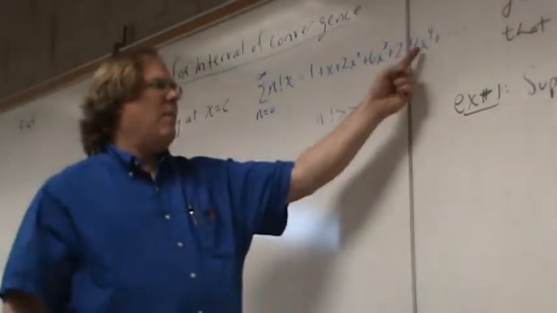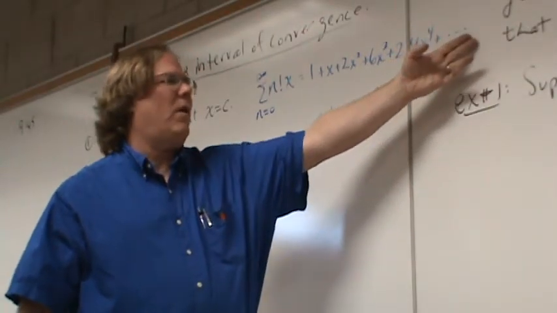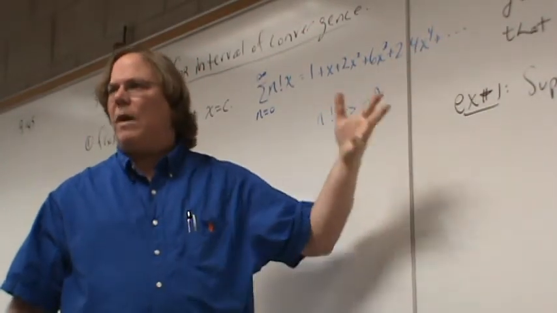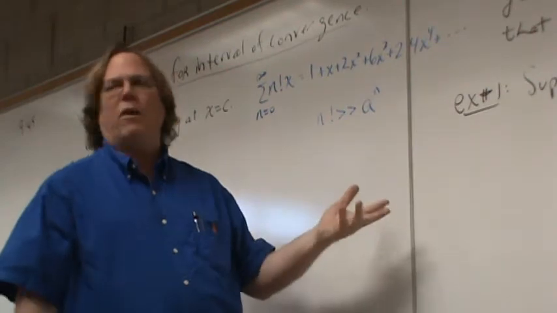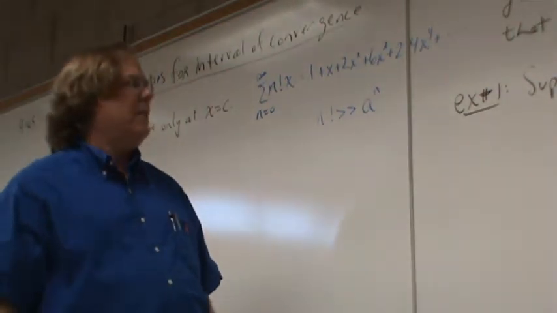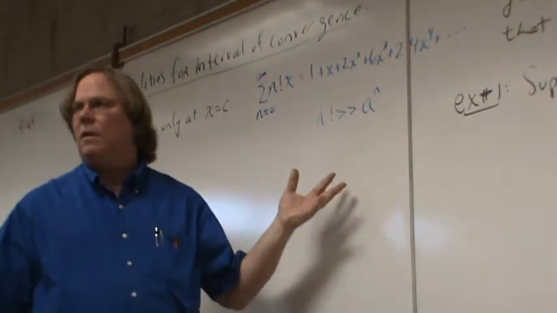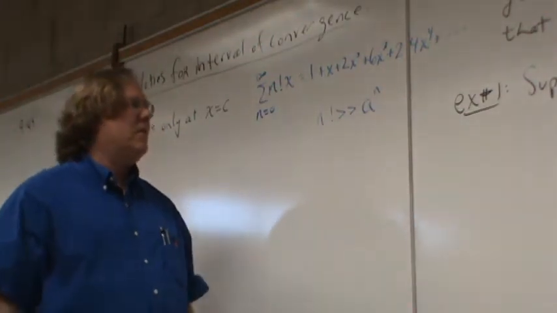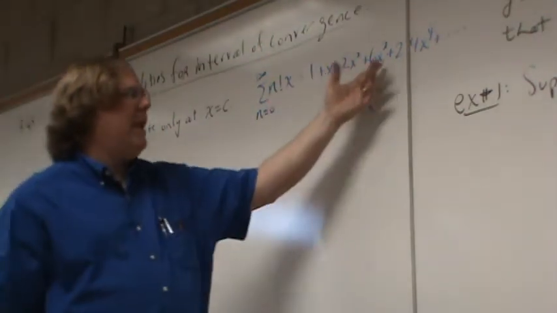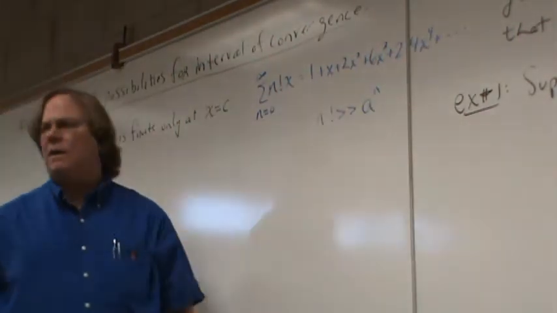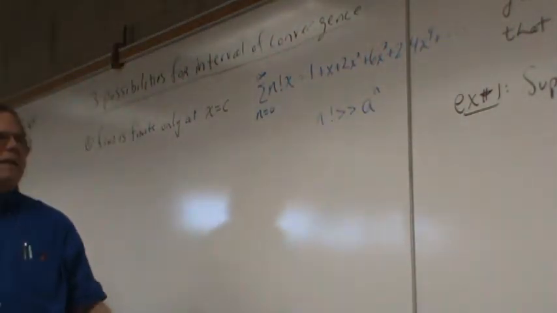Pretty soon, my 0.01 to the 12th power is being swamped by 12 factorial. And 0.01 to the 20th power is going to be completely destroyed by 20 factorial, which is a huge number, you see?